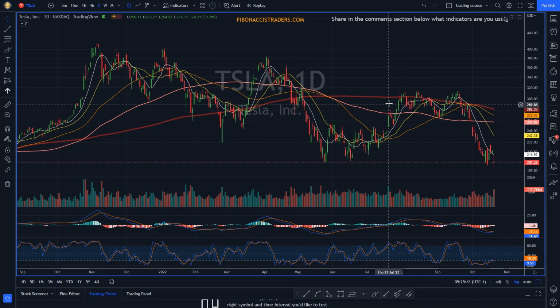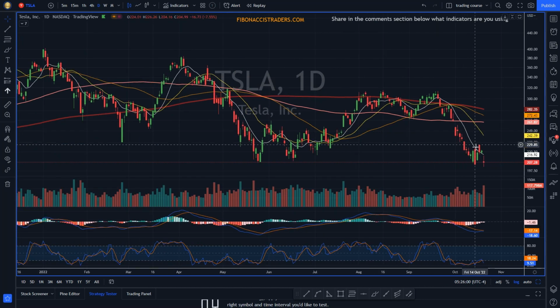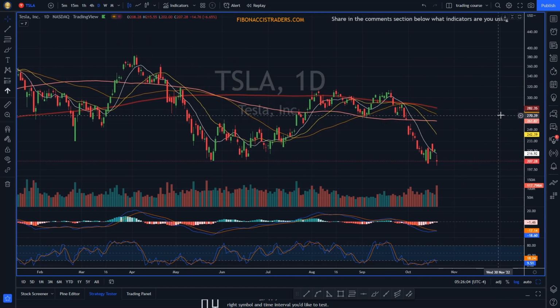Second, all these indicators are supposed to help me as a trader and give me some indication of where price might be headed, but they really don't. Why? Because they all follow price. We don't see any indicator going to the right, to the future.